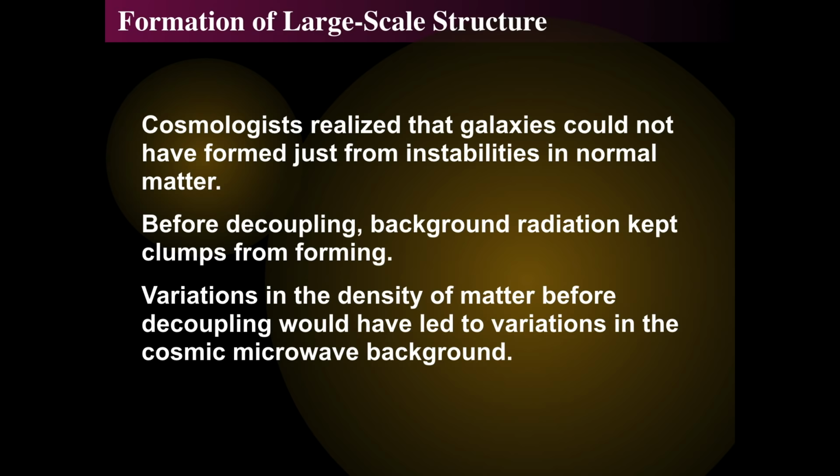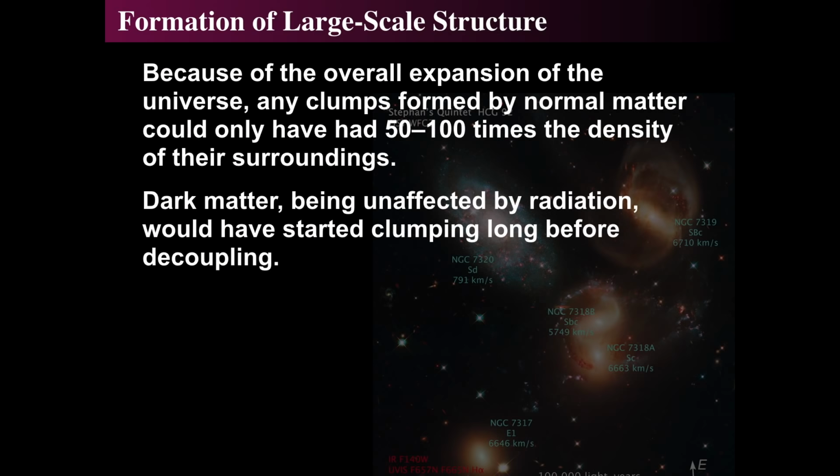That's not smooth, and that's not seen in the cosmic microwave background. It's only seen locally, so they must have formed. The problem is that the overall expansion of the universe would have wiped away the lumps. So it could only have had 50 or 100 times the density of its surroundings, just normal stuff. That's not enough to actually do the job.